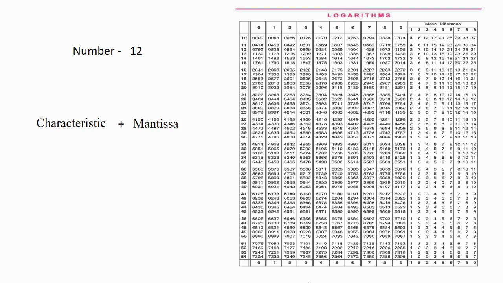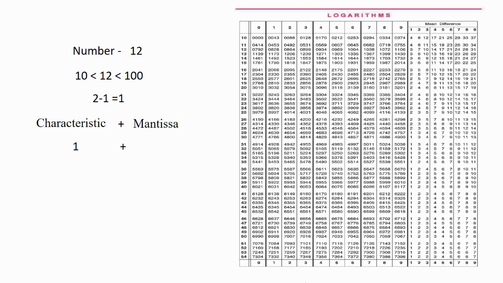To find the characteristic, we have to determine how many digits the given number has. The number 12 lies between 10 and 100, so it is greater than 10 and less than 100. So we can say that 12 is a two-digit number. Two-digit minus 1 gives us the characteristic 1. So I mention the characteristic over here.